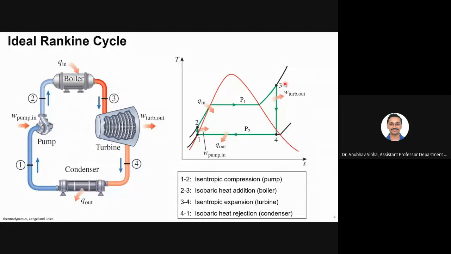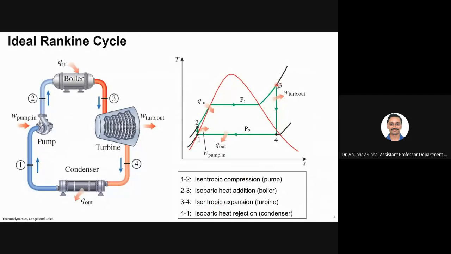Now the superheated vapor will be taken through this turbine. Okay, the work is being done. So that process is isentropic expansion. Again, we assume that the fluid expands isentropically.